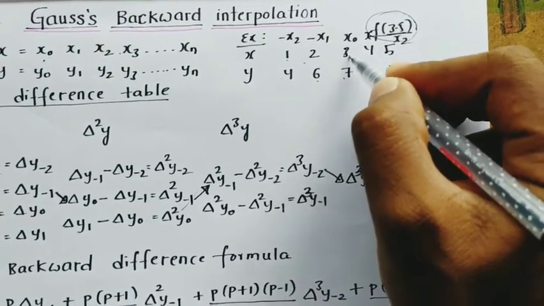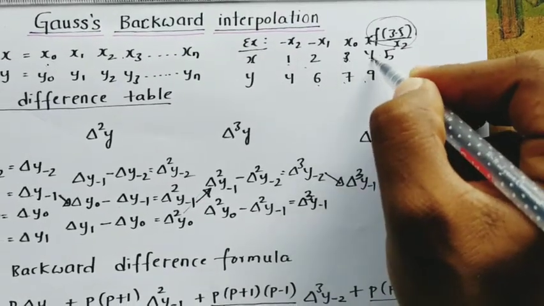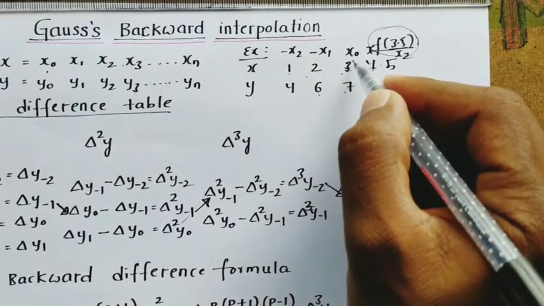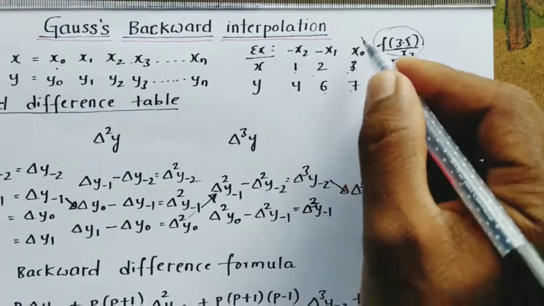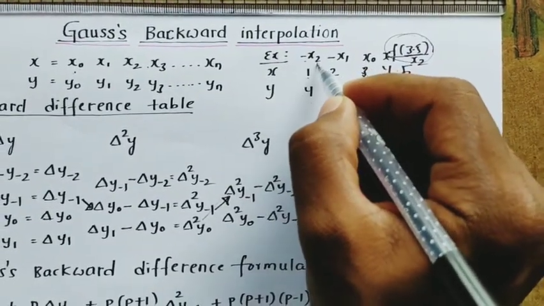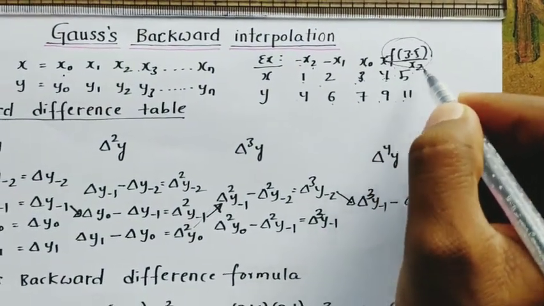Here 3.5 lies between 3 and 4, and x0 is one of these two values. I can assume 3 is x0, and the remaining values on the left we take as x minus 1 and x minus 2, and the right side values are x1 and x2.